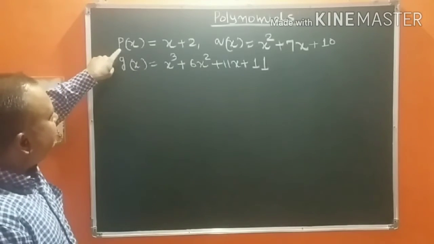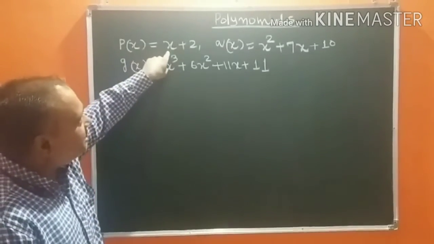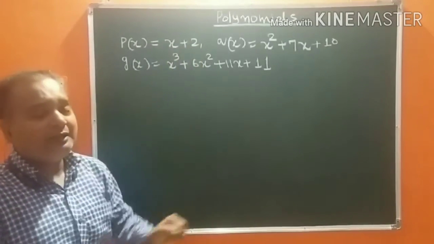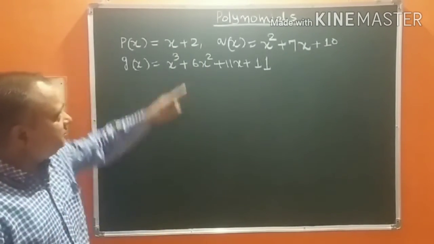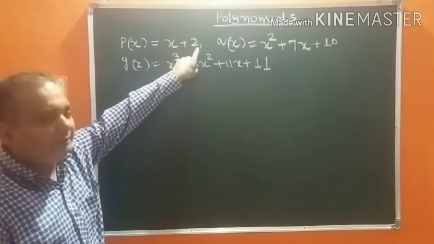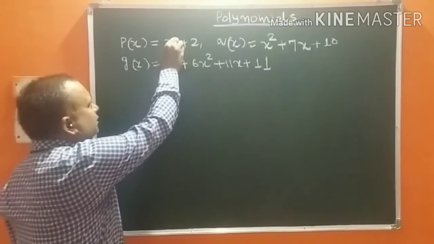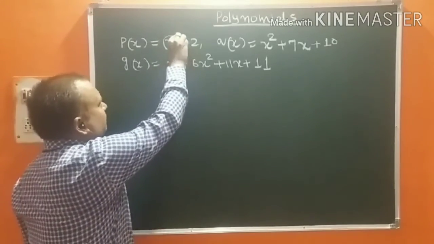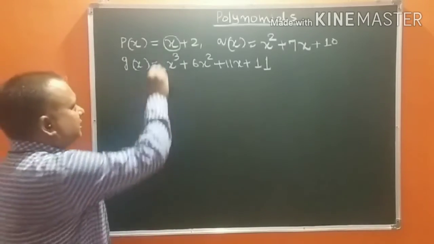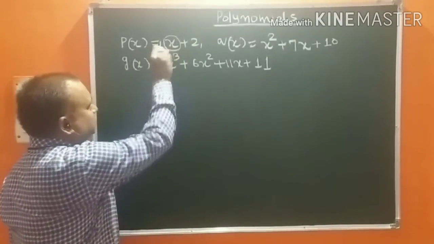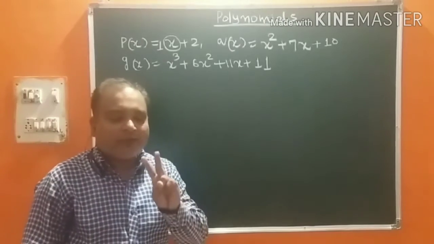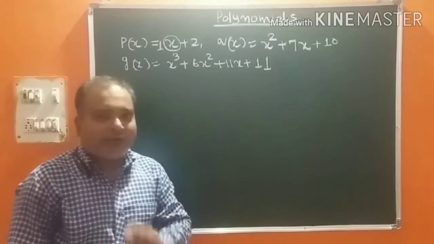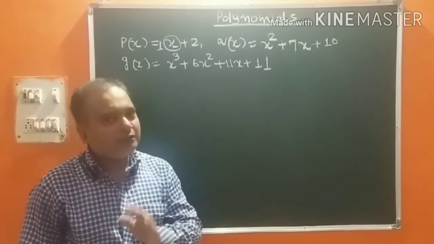So by that concept we can say p(x) is an expression that is a binomial. There are two terms. First term is x and second term is 2. Now what is the coefficient of x? The coefficient of x is 1. So in polynomial two terminologies are used: what are the terms and what is the coefficient.